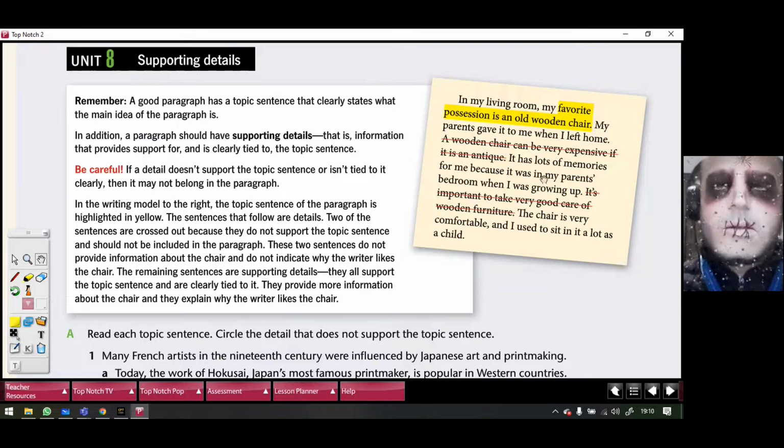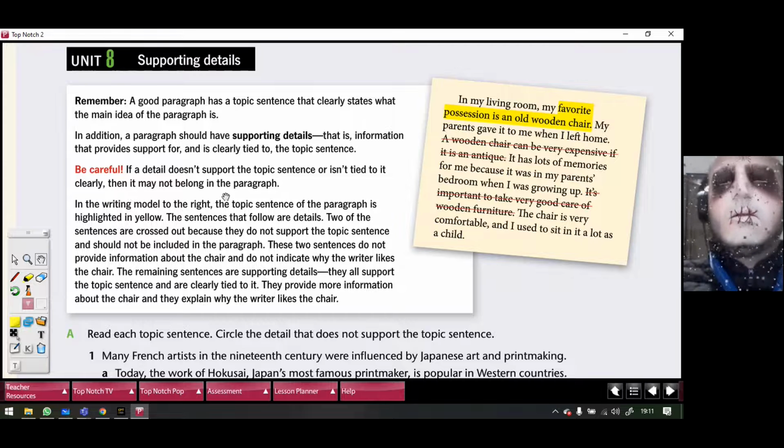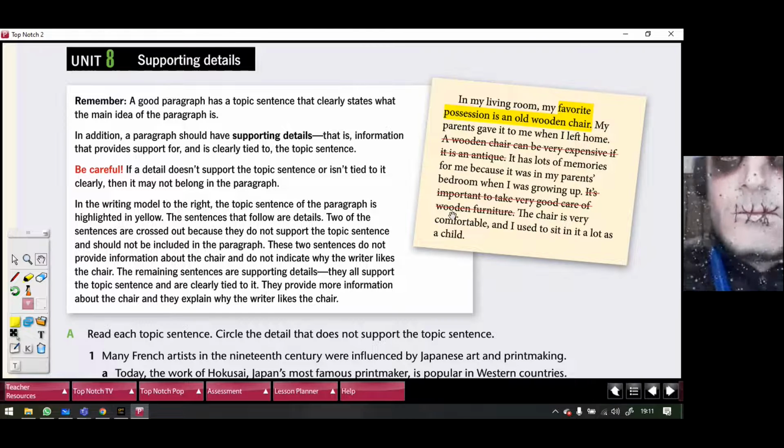In addition, a paragraph should have supporting details, that is, information that provides support for and is clearly tied to the topic sentence. Be careful. If a detail doesn't support the topic sentence or isn't tied to it clearly, then it may not belong in the paragraph.